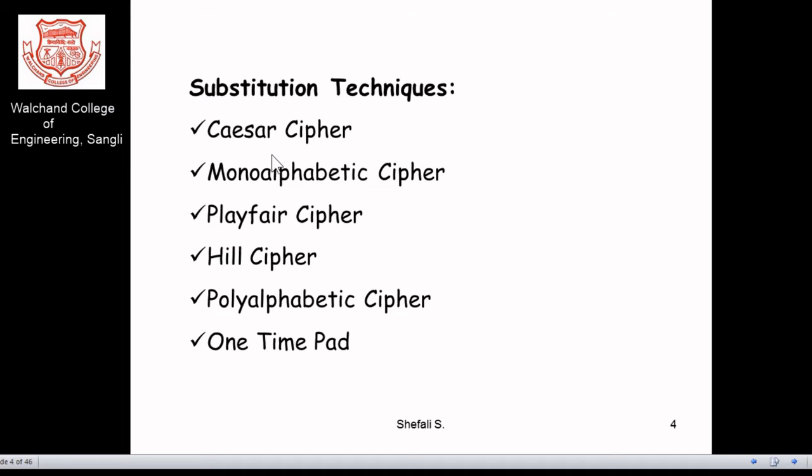So what is the technique? In the case of monoalphabetic, a single plaintext is converted to a single ciphertext. That means the operation is only on a single plaintext symbol, digit, letter or alphabet. In contrast, whenever we move to polyalphabetic, more than one letter, digit or symbol is operated on together.